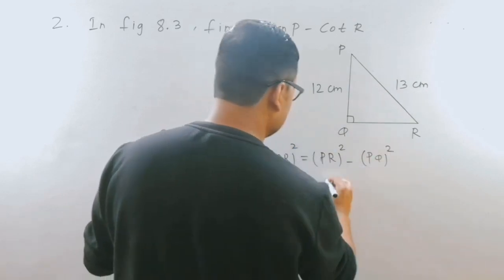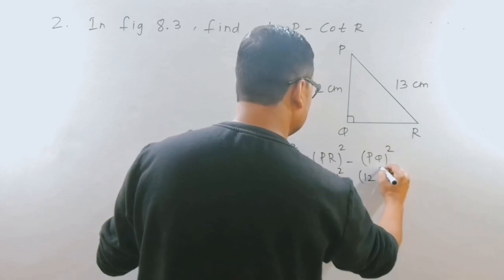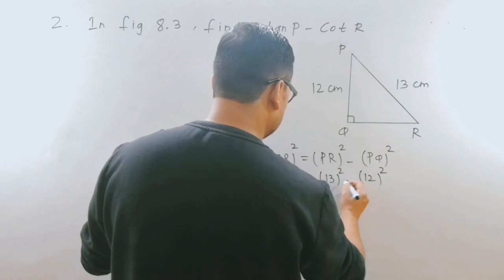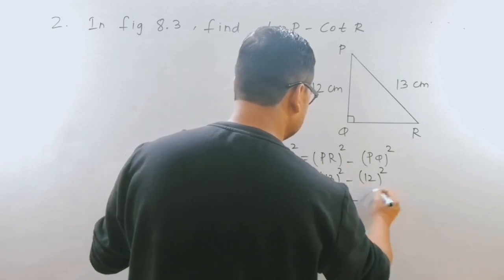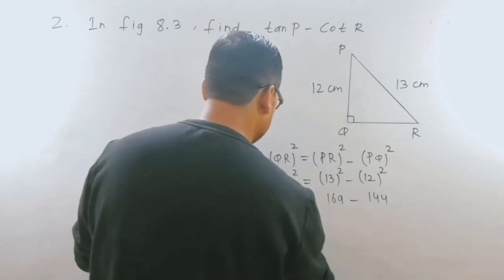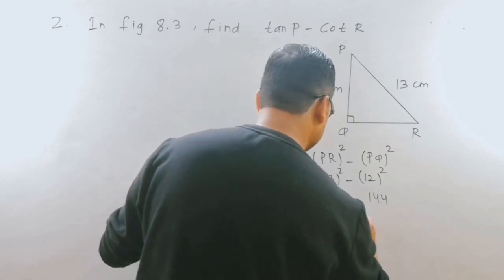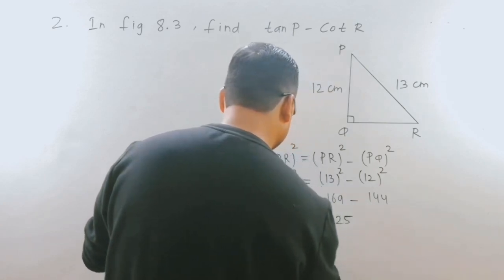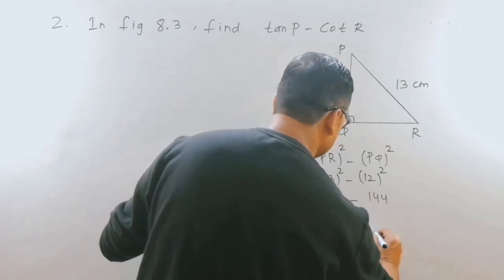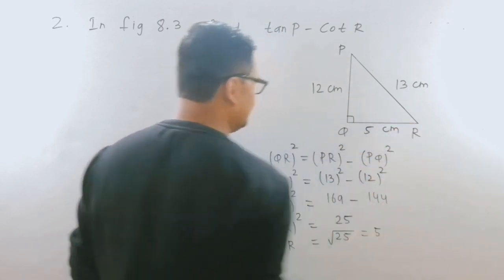PR is given as 13 and PQ is 12. So QR square is 13 square, 169, minus 12 square, 144. We got QR square as 169 minus 144, that is 25. Then QR will be the square root of 25, that is 5. So we got QR as 5 centimeter.